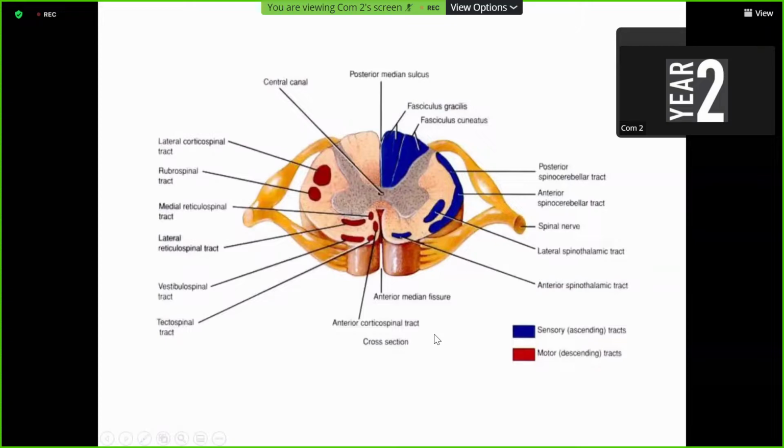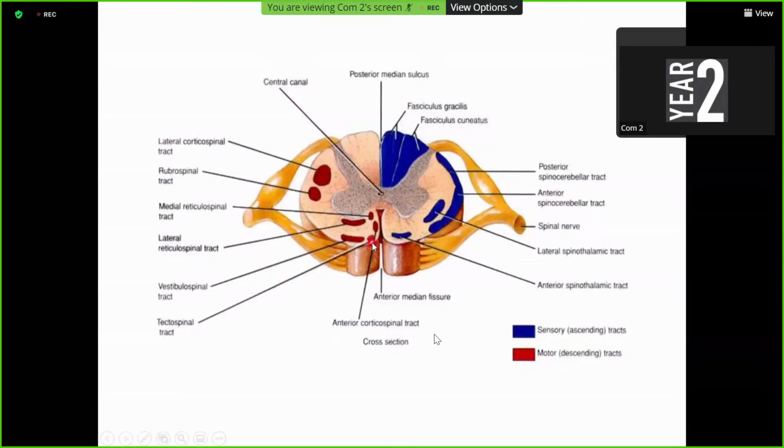All other motor tracts besides corticospinal are called extrapyramidal tracts. There are some which facilitate flexor tone or flexor muscles, for example, the rubrospinal. There is one which facilitates extensor muscles, which is the vestibulospinal.